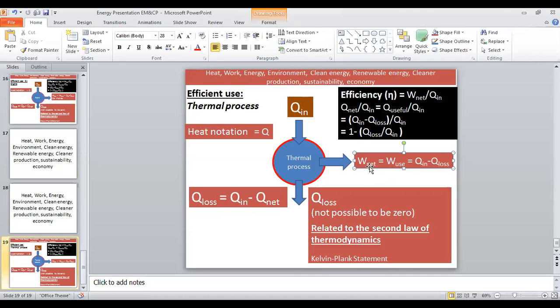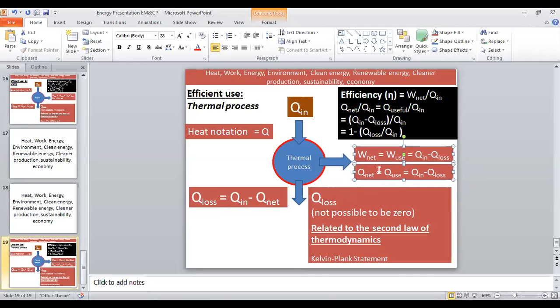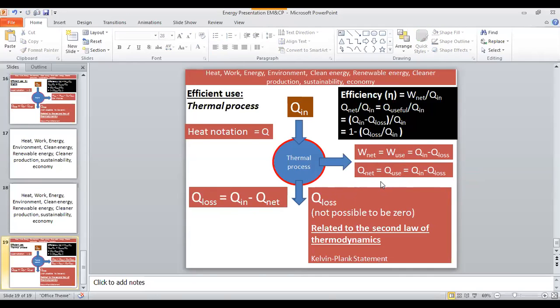So this should be W net, or instead of W net, it's okay for us to use Q net. The output can be a heat, or can be a combination of work and heat as well.